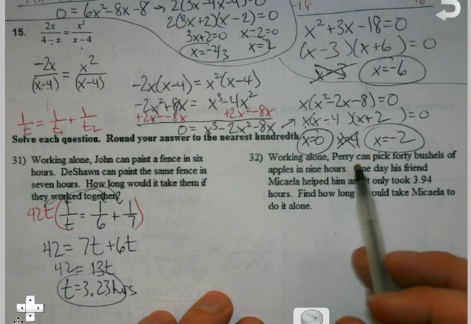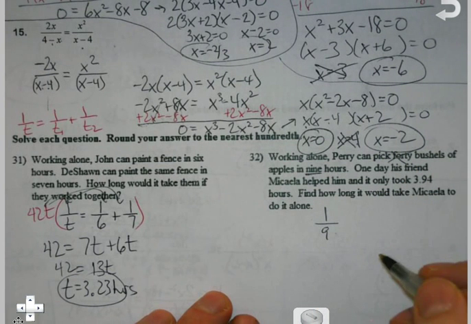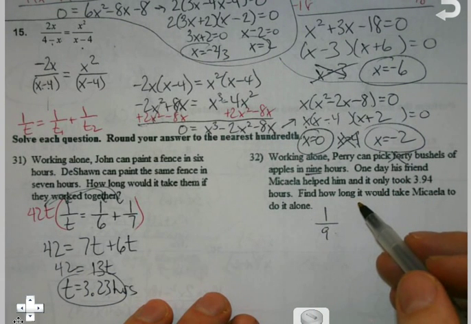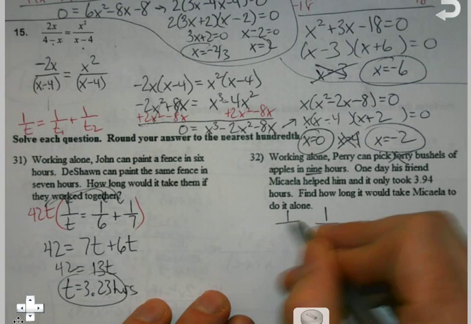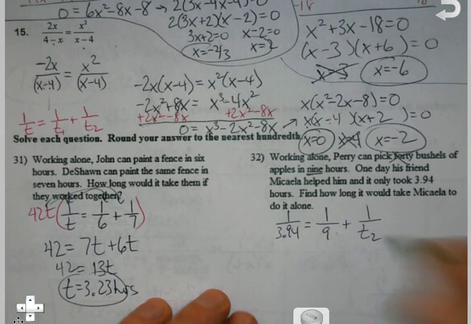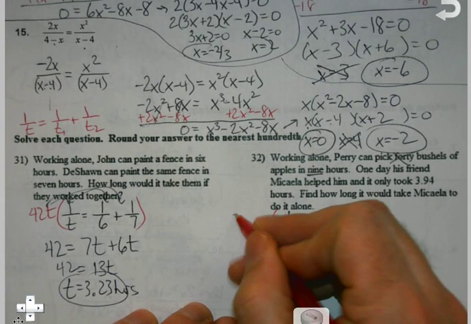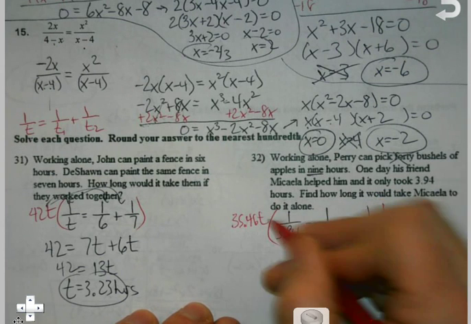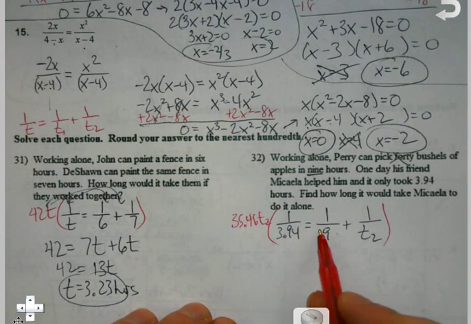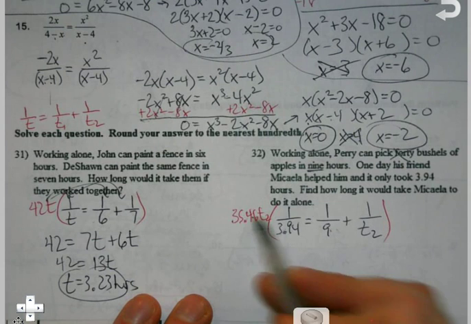Here, be careful. Perry can pick 40 bushels, well, 9 hours. The 40 bushels is kind of a trick. One day his friend Michaela helped him. And it only took 3.94. Anything looking familiar yet? Ooh, I got to get this time. That's true, but I still need to multiply my values together. If some of you are sitting there going, where's the 35.46 coming from? Multiply these together, you'll find out. And then again, I'm going to take this and just divide by each of these.